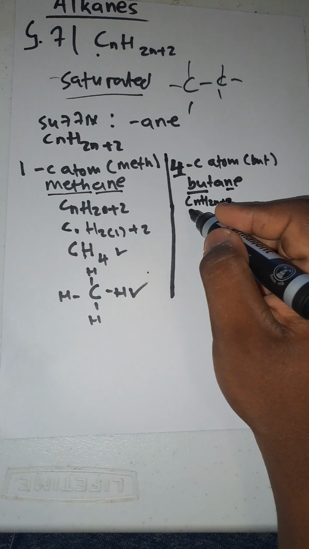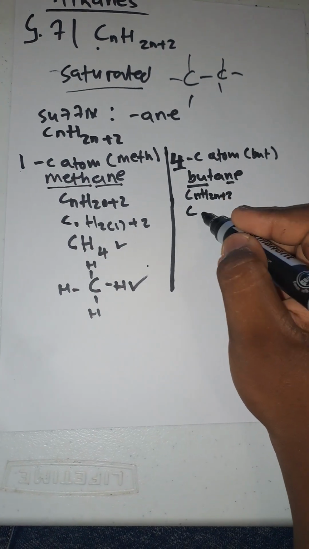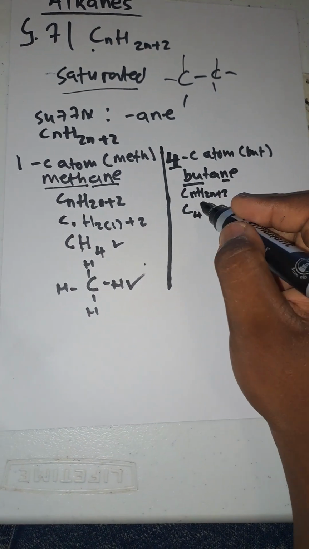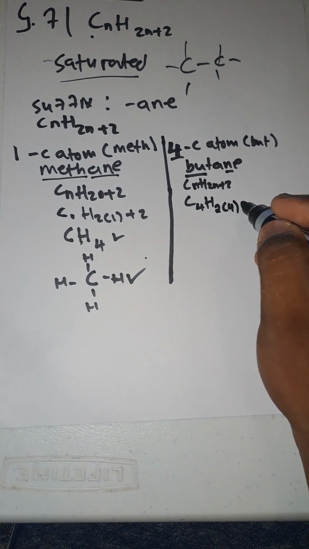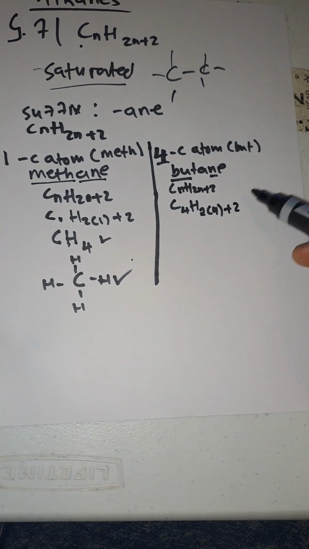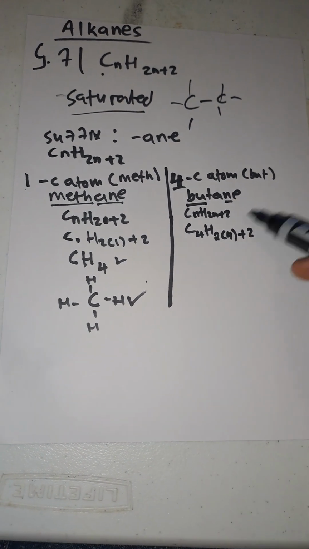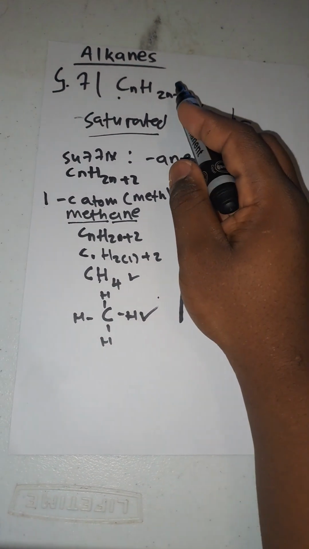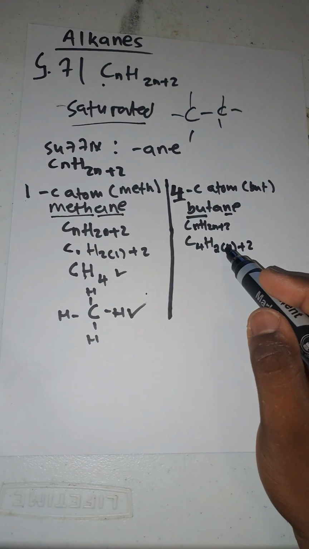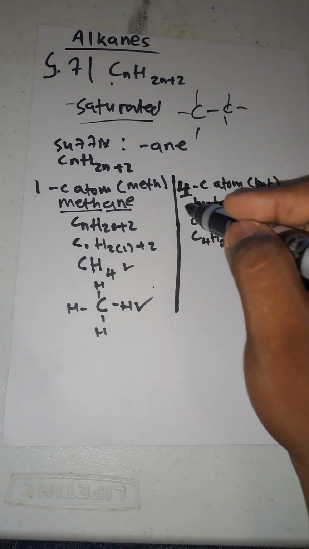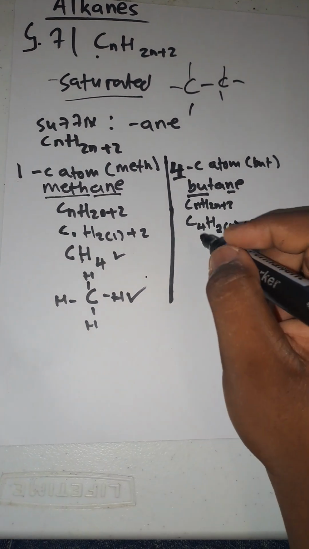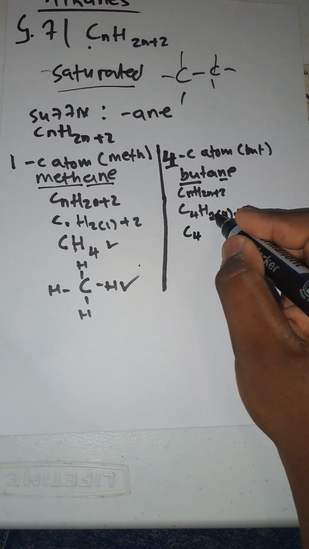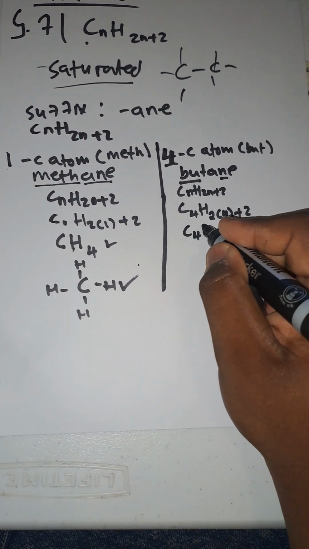How many carbon atoms do I have? 4. So where this n is, I put 4, and here you put 4 plus 2. This is how you find a molecular formula, using the general formula based on the number of carbon atoms. Now I have C4, 2 times 4 is 8, plus 2 is 10.